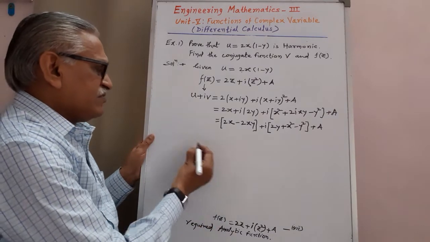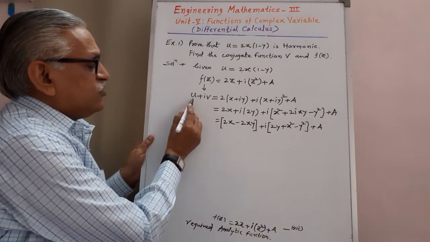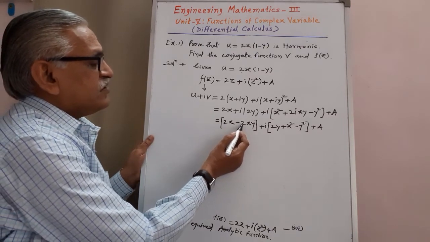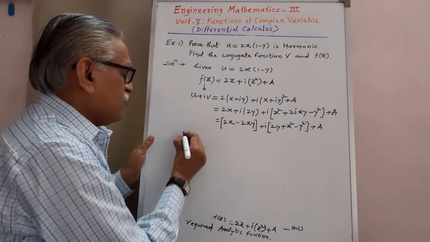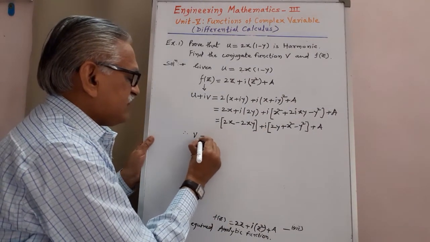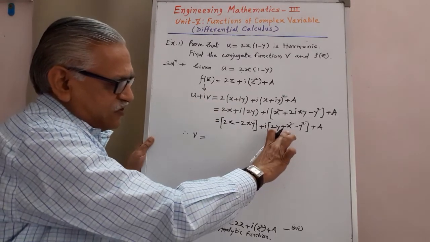Okay, and then comparing the real and imaginary parts. Therefore, we get u equals 2x minus 2xy, the given function, and we get the imaginary part of the left hand side and the imaginary part of the right hand side.